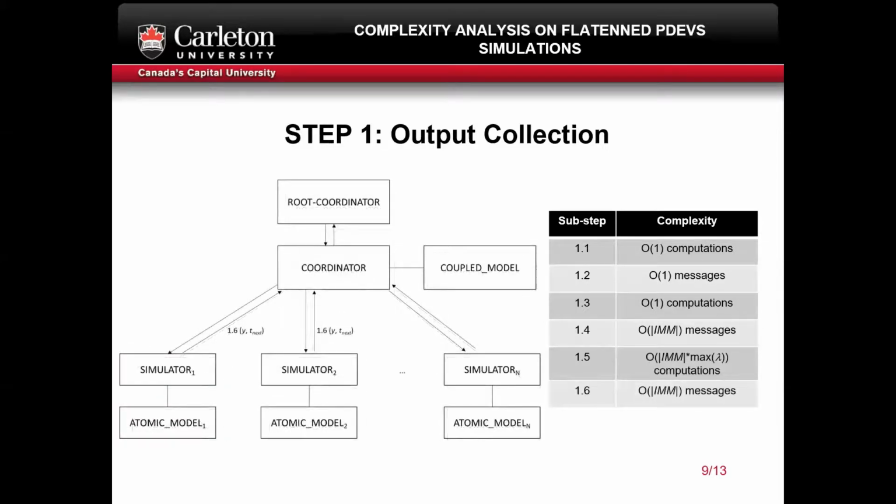And finally, these simulators that are imminent reply with a message to coordinator. This also depends on the number of imminents occurring in this specific simulation cycle. You can see better detail, as I mentioned before, all in the document. But this is important to know: some of these factors that contribute to the complexity depend on the specific dynamics of the simulation.